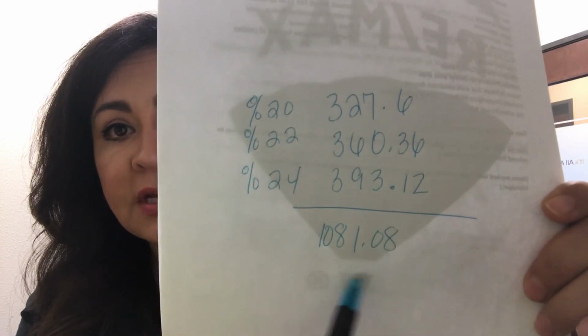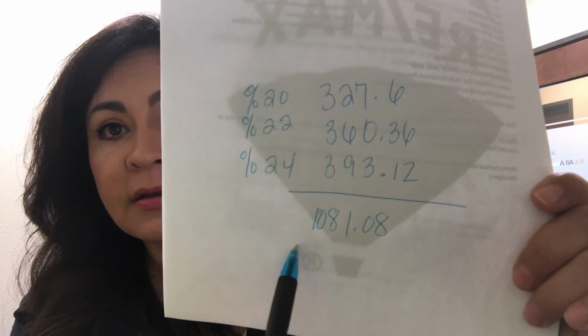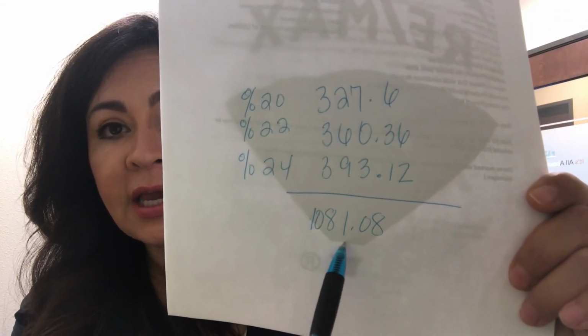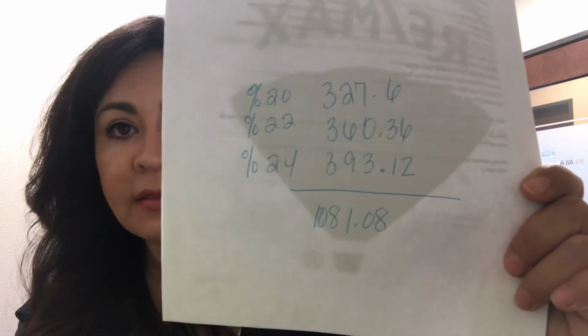So for 30 units, you would have been earning $1,081.08 per month. Okay? That's just an example. And that's in addition to the sign-up bonus.